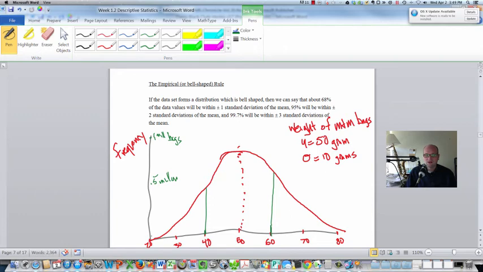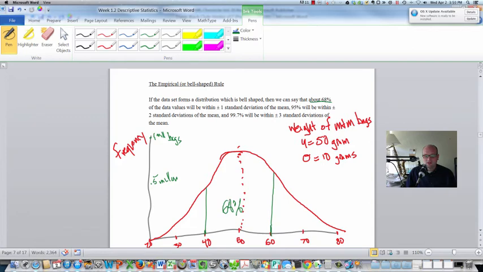So most of the bags happen up here in the middle. In fact, we can say exactly how many between 40 and 60. If it were truly a normal distribution, that would be roughly about 68%. But it's pretty precise, 68%.